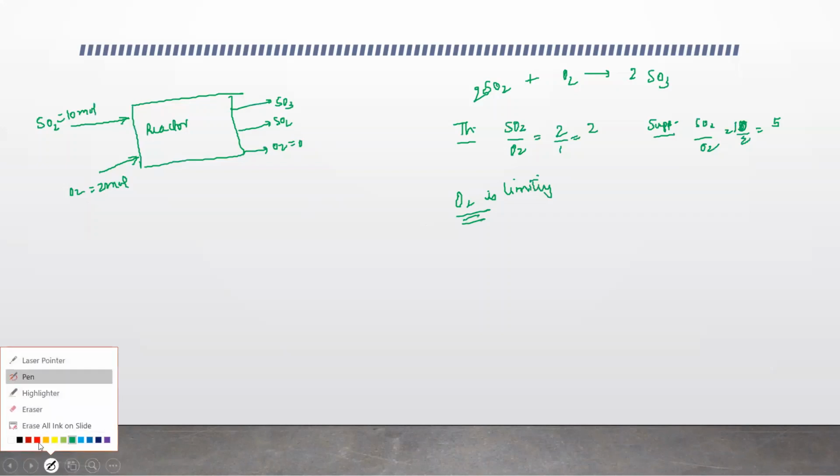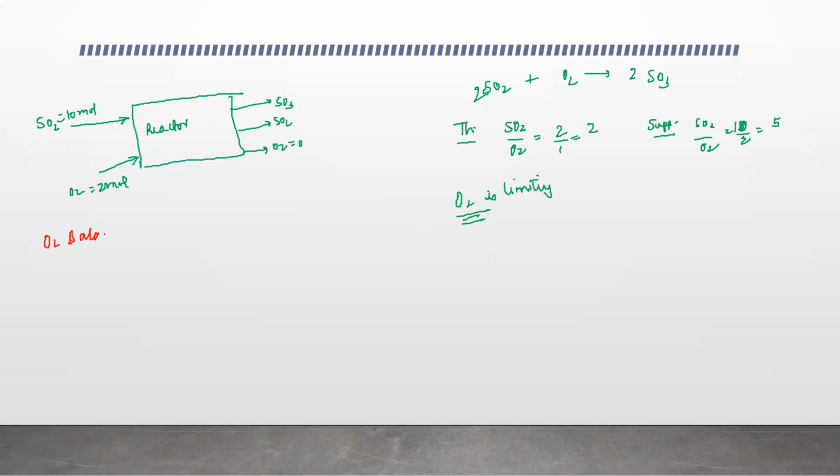All right. So from here, when we do the oxygen balance, oxygen in minus oxygen out is equal to oxygen reacted or oxygen consumed. So oxygen reacted is going to be 2 moles. Then by stoichiometry, sulfur dioxide reacted is twice of what oxygen has done, so it's going to be 4 moles, right?